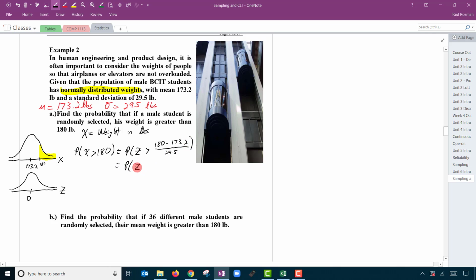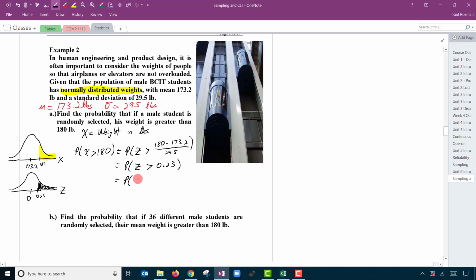So we get a z-score of 0.23, which is not an unusual z-score. It's a positive value just above the mean. So it's like here.